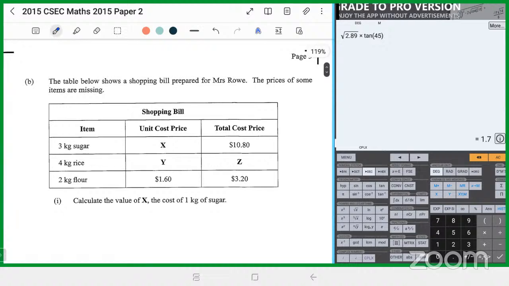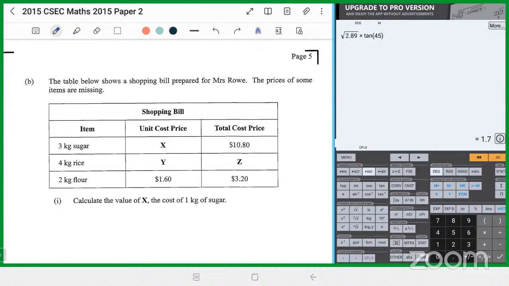This question says, the table below shows a shopping bill prepared for Mrs. Rowe. It says the prices of some items are missing. So let's look at it carefully now. These are the items. These are the quantities of the items: 3 kilograms, 4 kilograms, 2 kilograms. This is the unit cost, the cost for one, and this is the total that you're going to get.